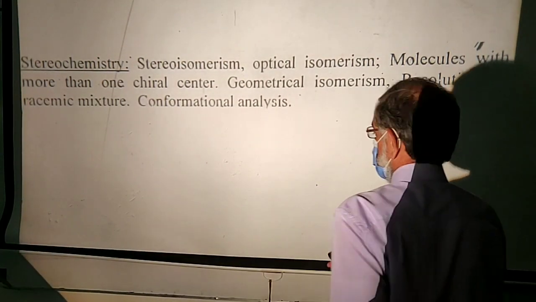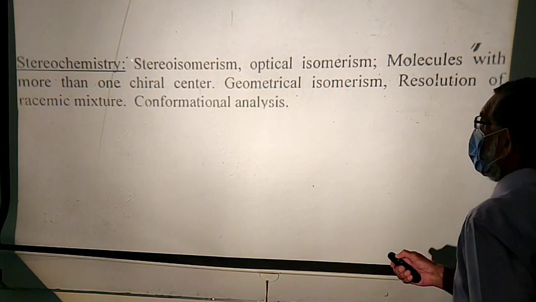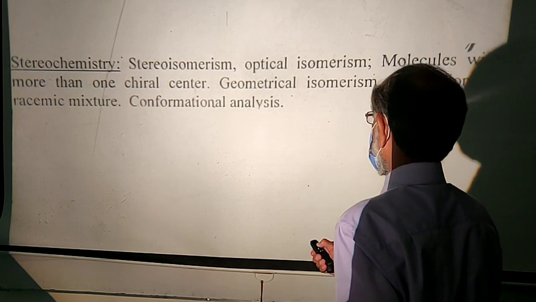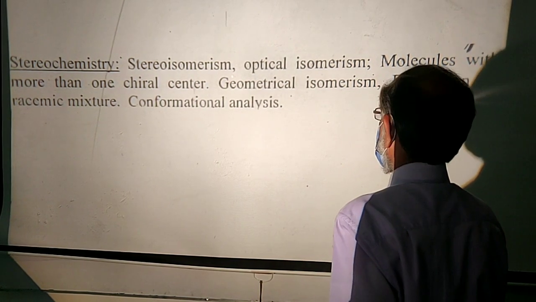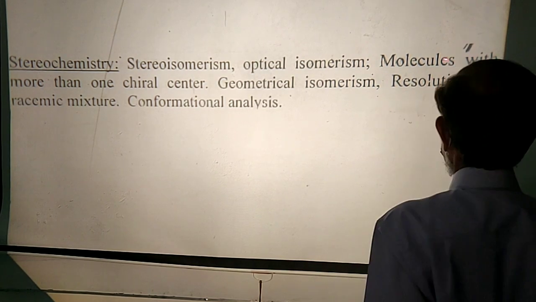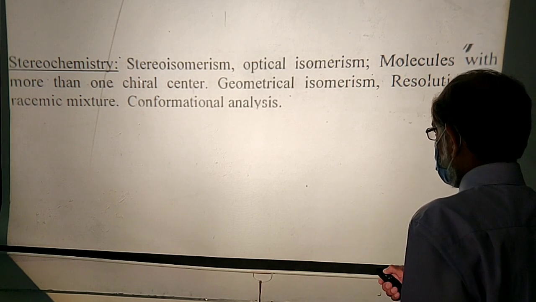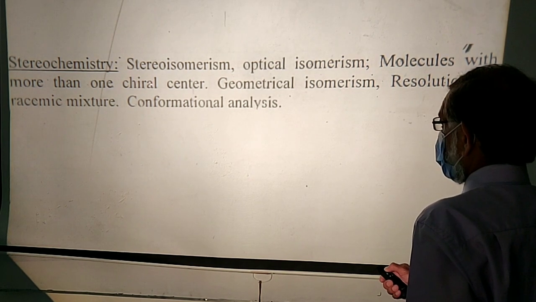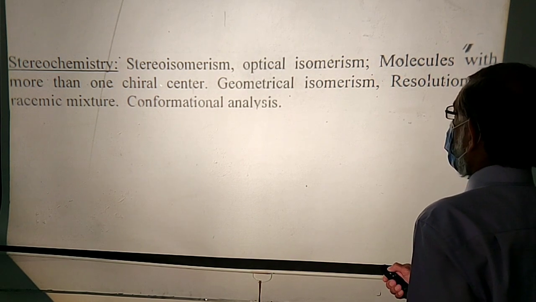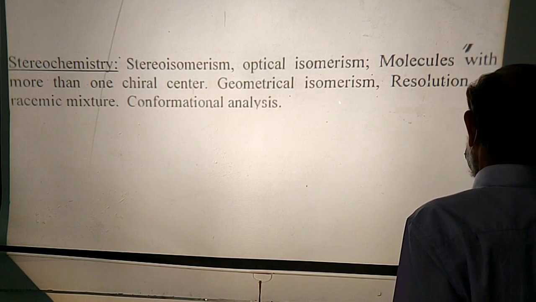Under this aspect, we will be discussing what stereoisomerism is and what optical isomerism is. Then molecules with more than one chiral center. Chiral means, what do you mean by chiral? A centric carbon. Then we will be discussing geometrical isomers.